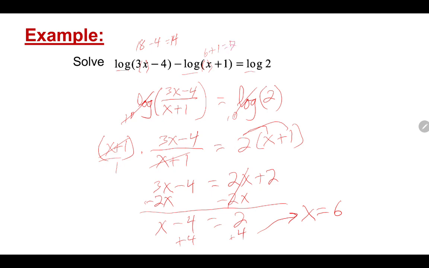But remember, when I rewrite this, it's rewritten like this, where the log has this term above this term. Well, what's 14 over 7? 14 divided by 7 is 2. So this is the answer.